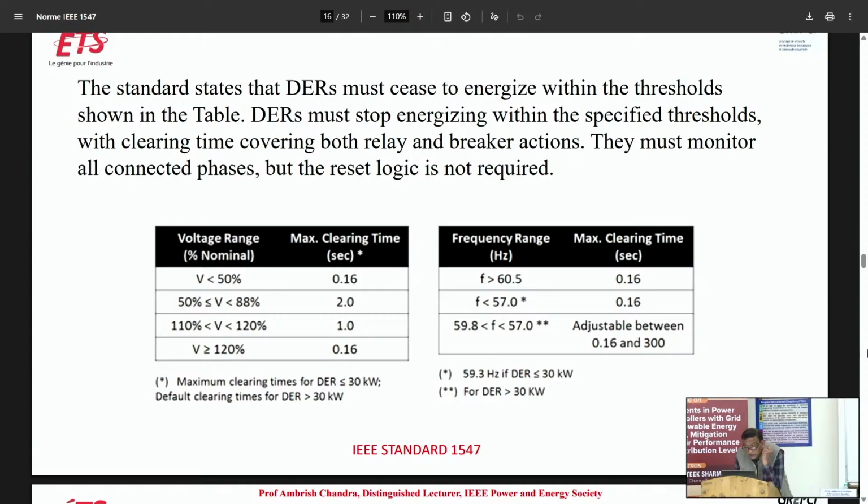If the frequency is less than 57 Hz, then 160 milliseconds. If it is between 59.8 and 57 Hz, adjustable between 160 milliseconds and 300 seconds. So if DER is less than 30, this is the frequency. For DER more than 30 kilowatt, you see this.